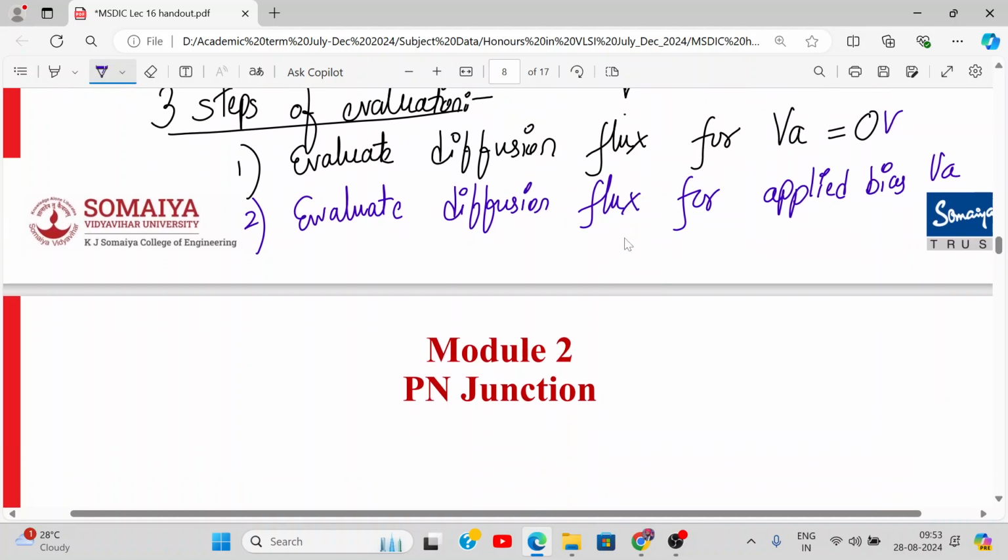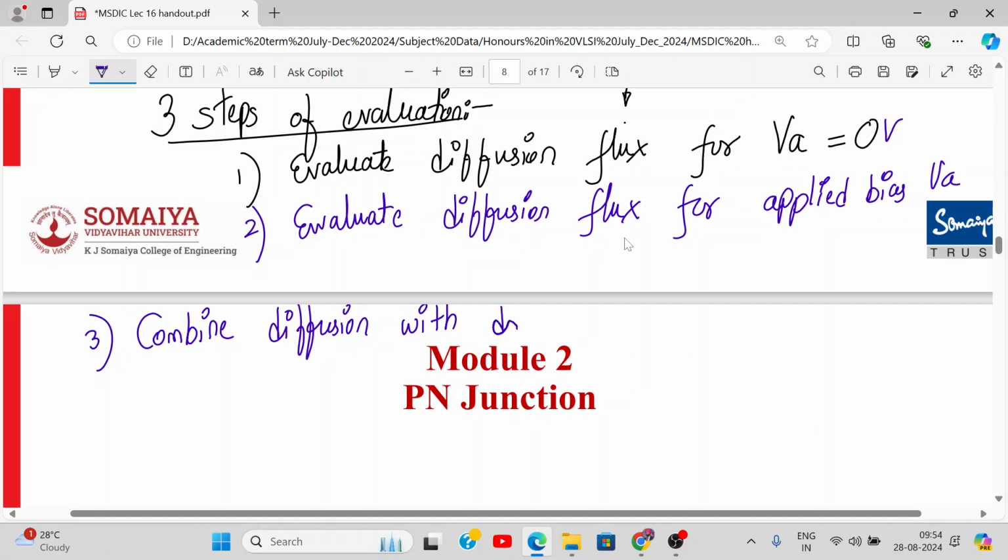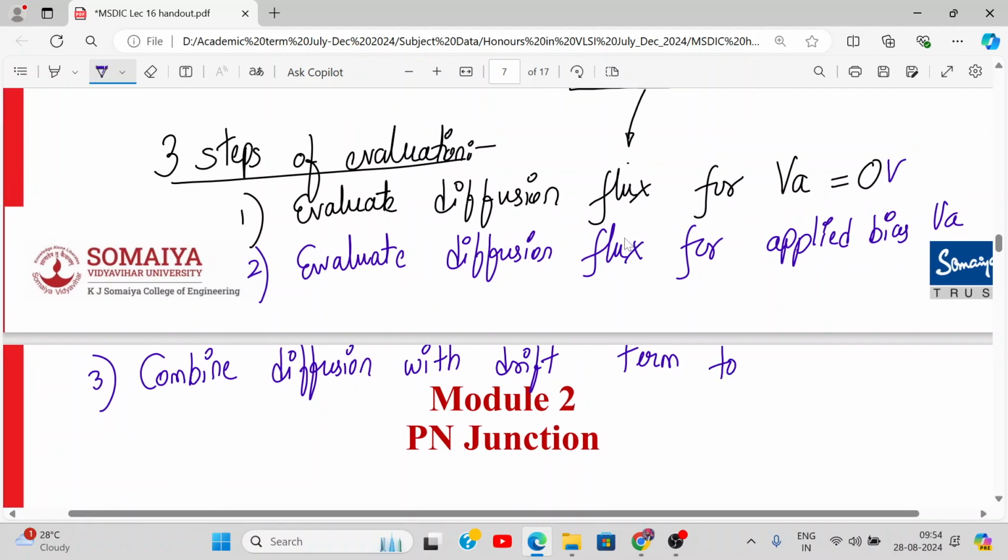Then, in a PN junction current flow is due to diffusion only, right? So that's why we are calculating diffusion flux. Now third, combine diffusion with drift terms to get total current.